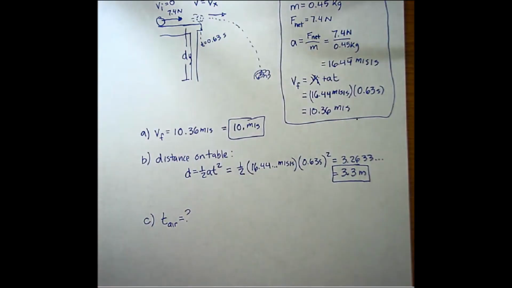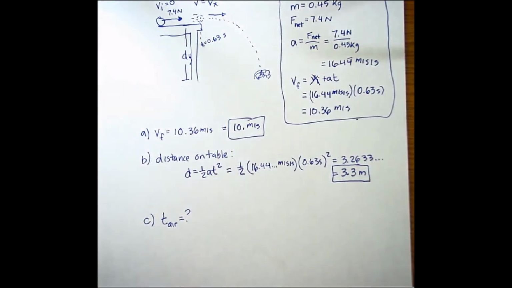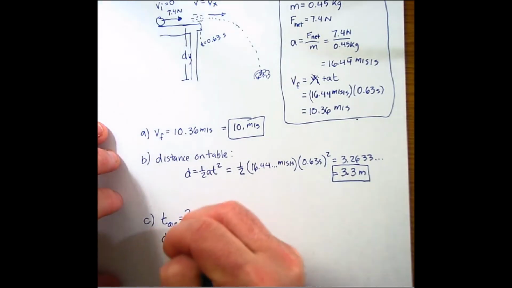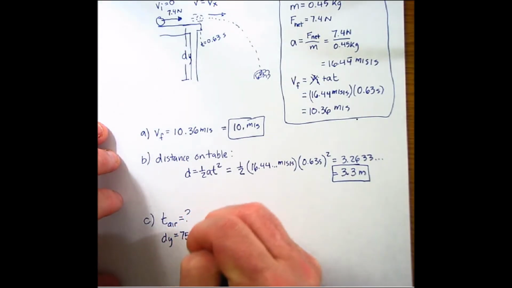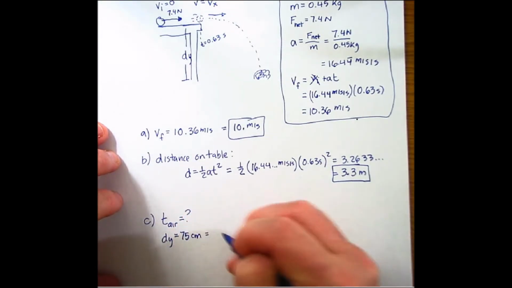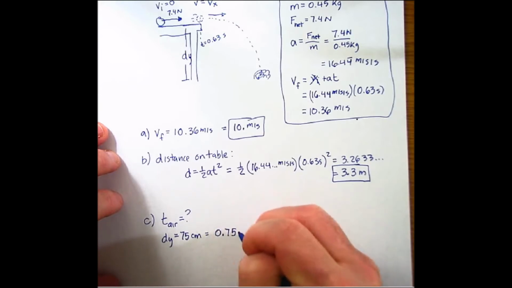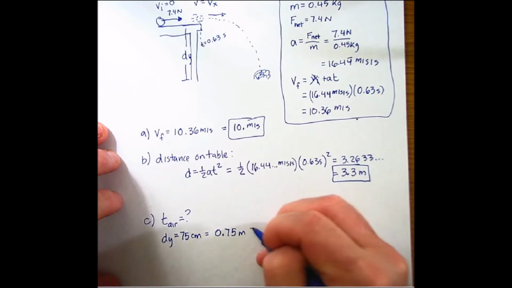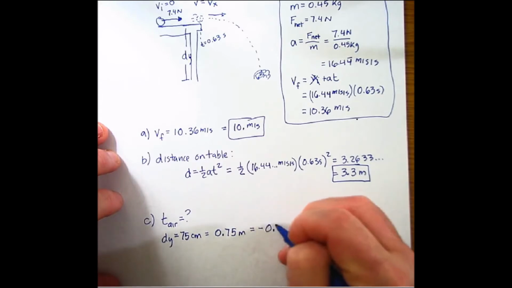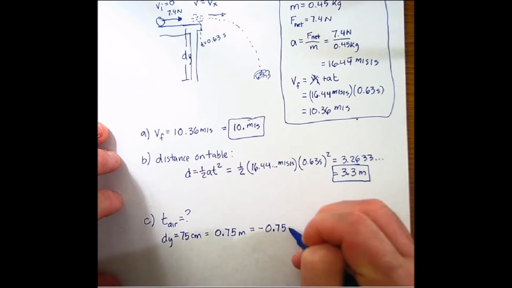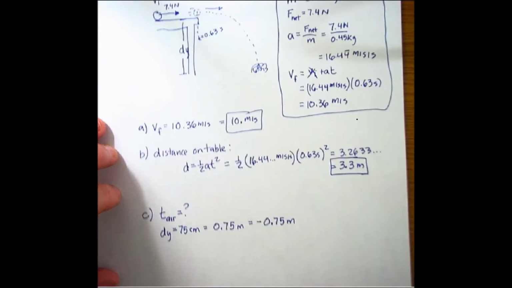Well, in this problem, it tells you that the table is 75 centimeters high, so dy is equal to 75 centimeters. It's a good idea to convert that to meters right away, so that's 0.75 meters, and because it's going to fall a distance of 75 centimeters, then I need to make that a negative number.